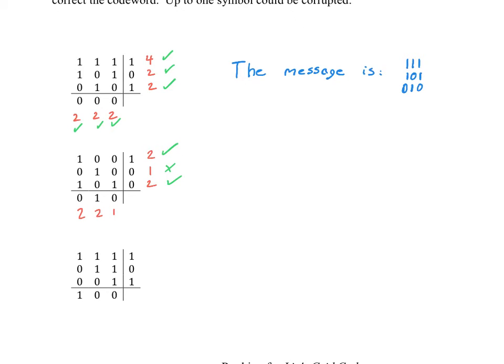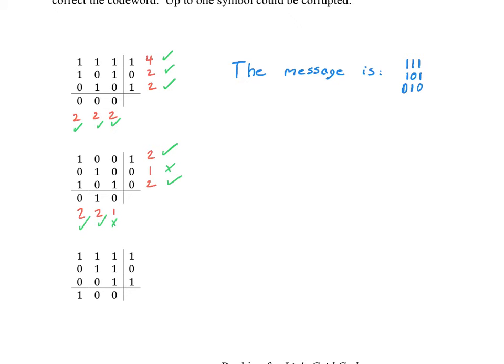So now we'll check the columns. So the first column here, working from the right, has a problem, and the others are good. So in this case, there's a problem in this column and in this row. So the problematic digit must be this one here. That's how we can do the error correction.